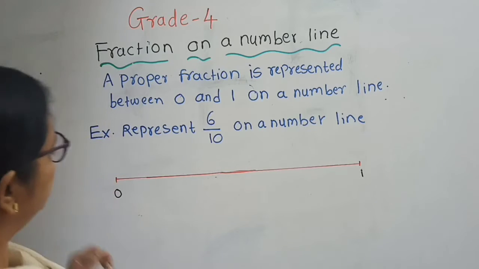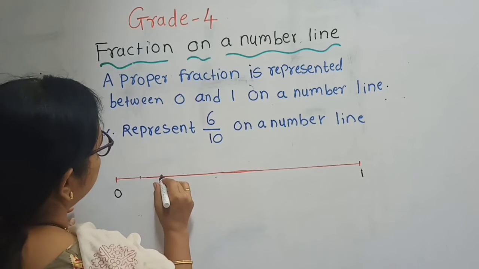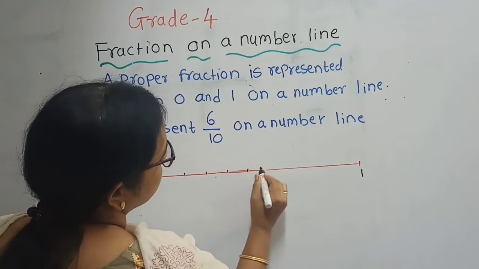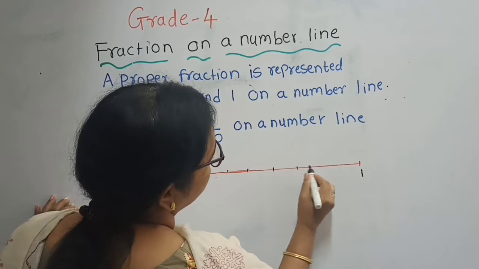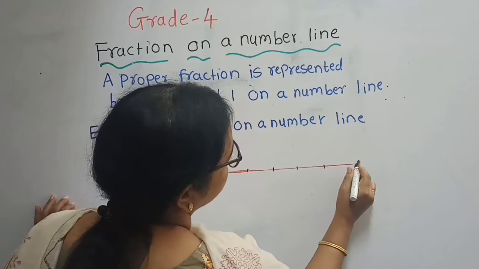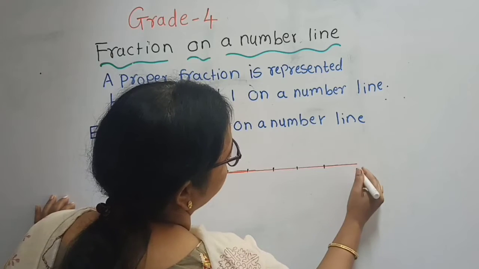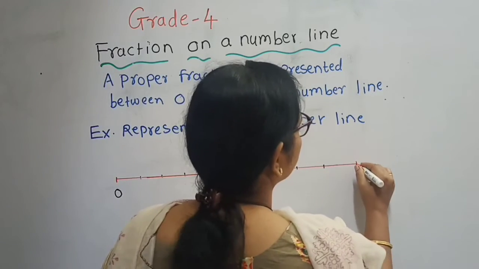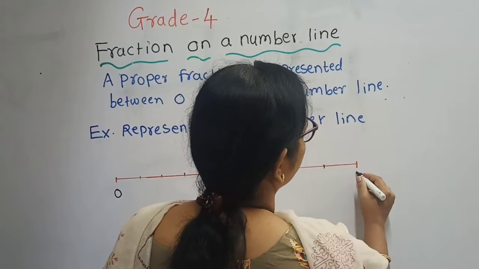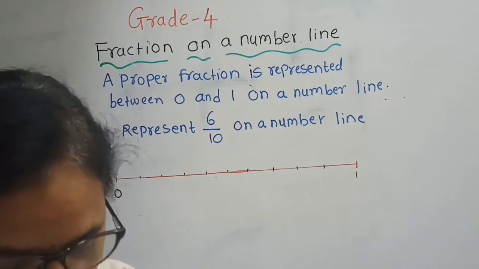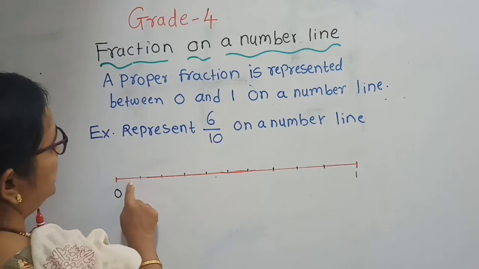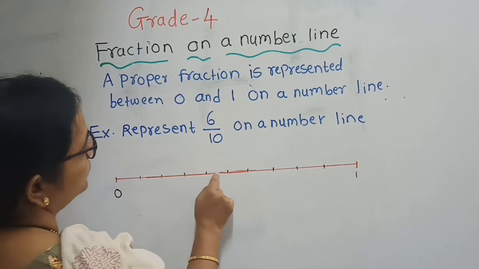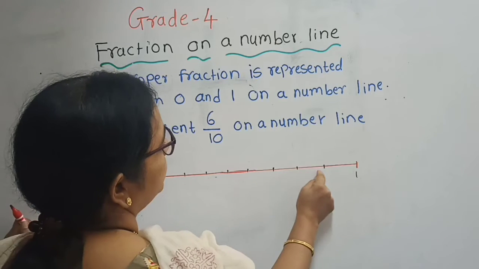Okay children? 1, 2, 3, 4, 5, 6, 7, 8, 9 and 10. First we divide this number line into 10 parts.